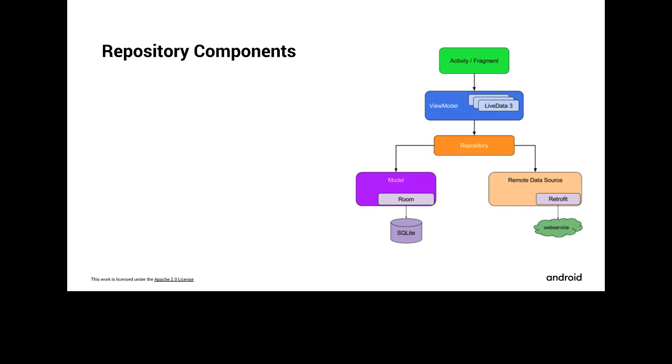Now, there are differences in how these two operations work. For example, you have a database that's local onto your device. You're always going to have access to the disk and the database is going to live on that disk.